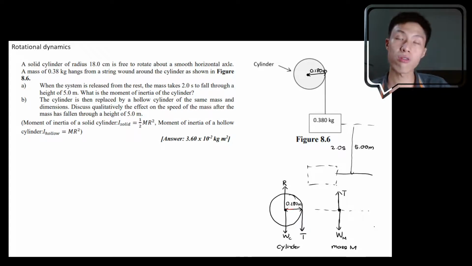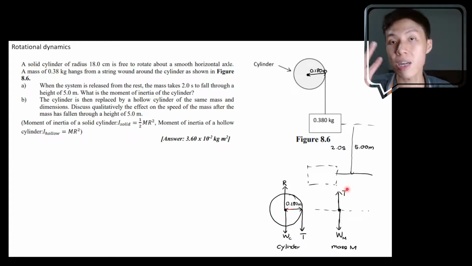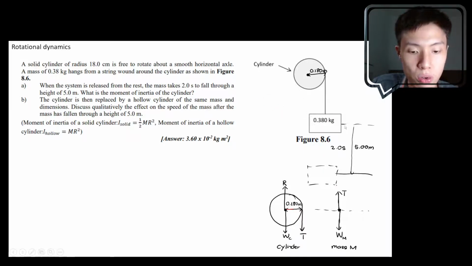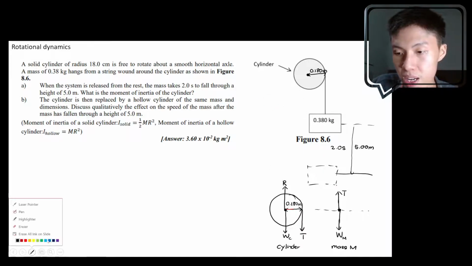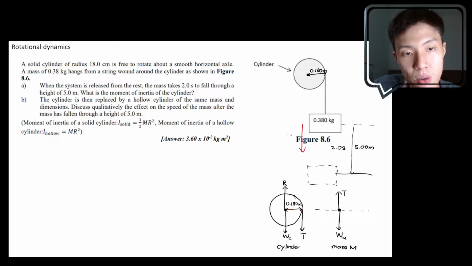Okay, so once we have drawn our free body diagrams, we can analyze these two free body diagrams using sum of torque and sum of force. We know that this object here is rotating. Why do you know it's rotating? Because when you release this block, letting it fall downwards, this mass will start to accelerate downwards, so you should expect an acceleration over here.